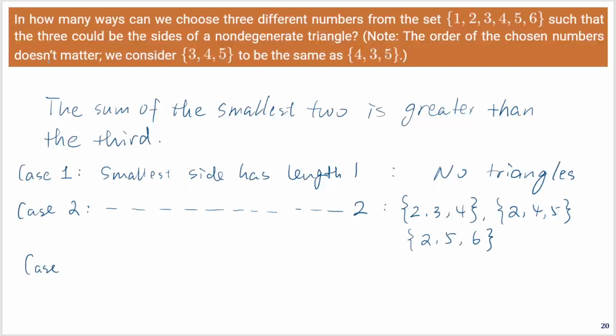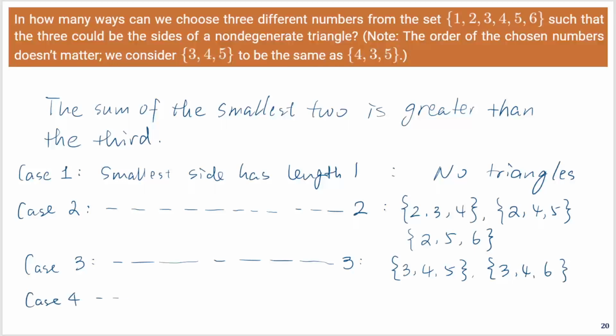And case number 3, the smallest side has length 3. There are only 3 possibilities, and they all work, which are the set 3, 4, 5, and the set 3, 4, 6, right? And case number 4, the smallest side has length 4. In that case, the only possibility is the set 4, 5, 6, right?